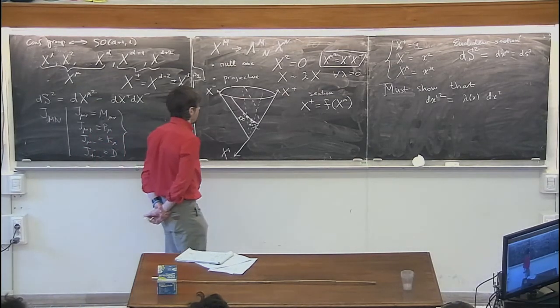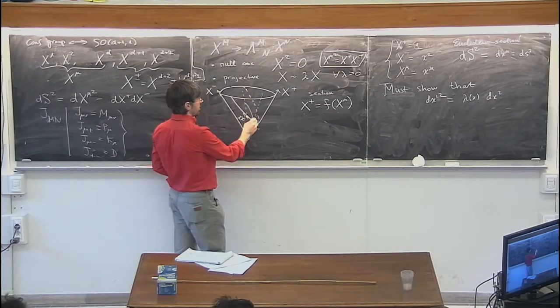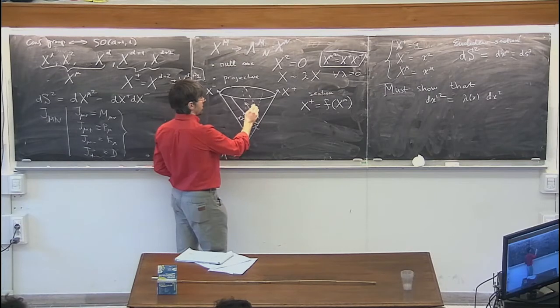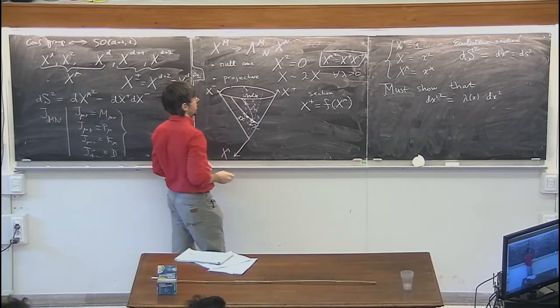So when we apply the Lorentz transformation lambda to this point x, we get first this interval, let me call it lambda times dx.